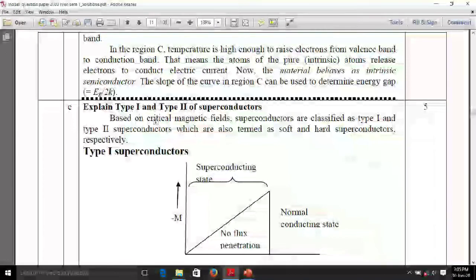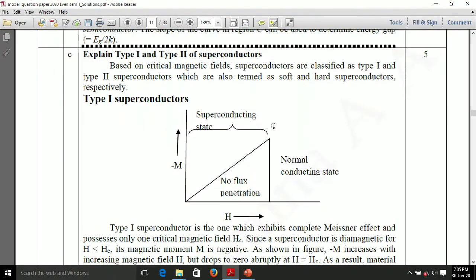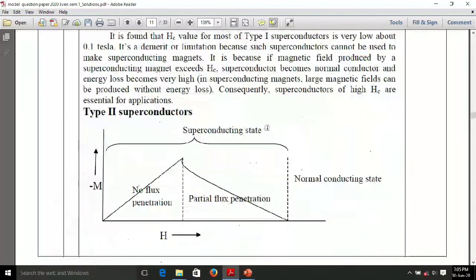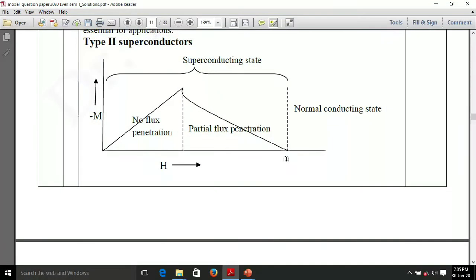And explanation of type 1 and type 2 superconductors. Type 1 superconductor requires this diagram. You have to explain the magnetization versus the magnetizing field, and you know that there will be only one critical magnetic field, whereas there will be 2 critical magnetic fields here and here in the case of type 2 superconductors.